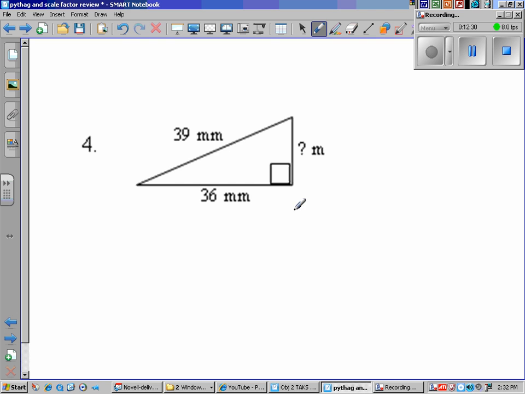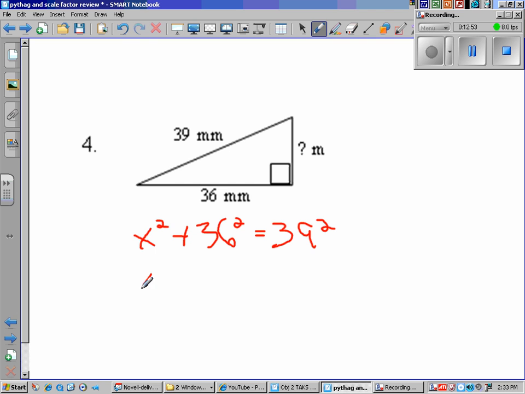The next one, okay, this time I have c. I have the one across from the right angle. So I'm going to have something, either a squared or b squared. I don't know which one it is. It doesn't really matter. Plus 36 squared, and that equals 39 squared. So let's see here.